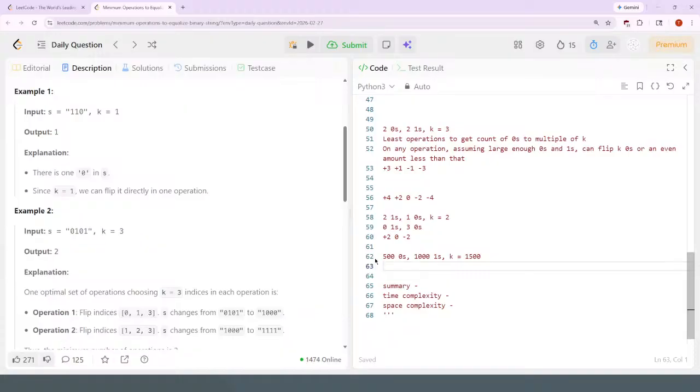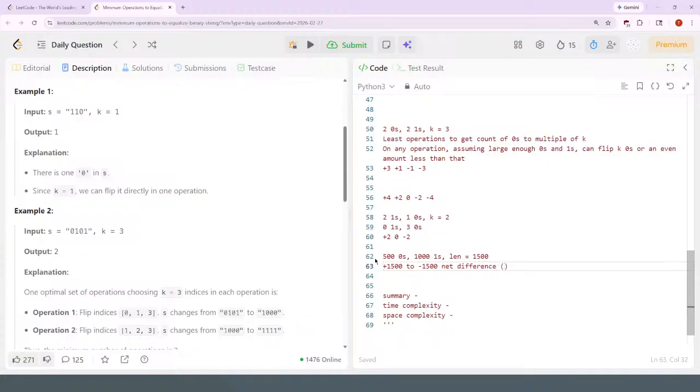So right now there's plus 500 ones. If I think about just the difference between the number of zeros and ones, if the string length is 1,500, then the range of values is going to be 1,500 to negative 1,500 is the net difference.